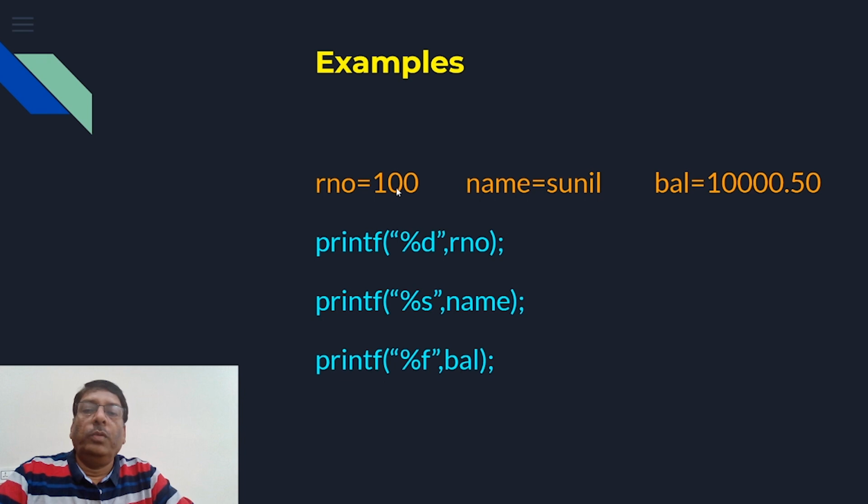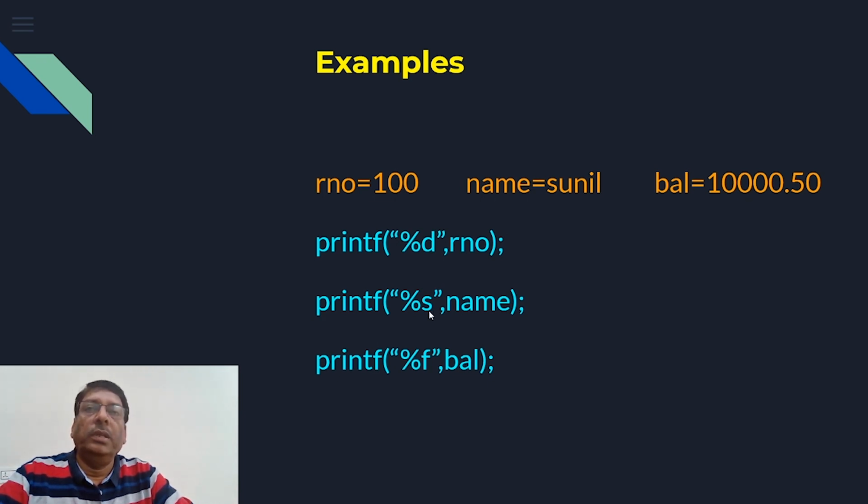If you want to print the value of this particular variable called RNO, then you are supposed to say printf %d. I am writing %d because this is a number of type integer, and then I will write comma RNO. Similarly, when I want to print the value of this variable, as this contains a group of characters, I will say printf, not %c.